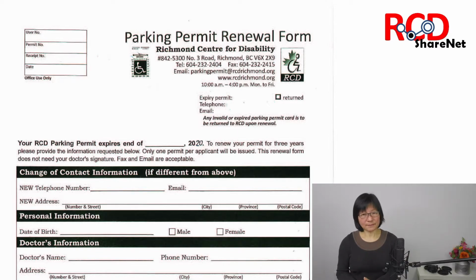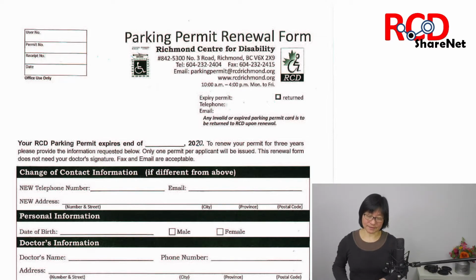How about for the temporary one? Since it is for a temporary condition, the maximum time is 1 year. If the doctor deems it necessary for the applicant to have a longer time to use the parking permit, then they need to have a new application form. We will not send out a renewal form for the temporary permit, only for the permanent permit.